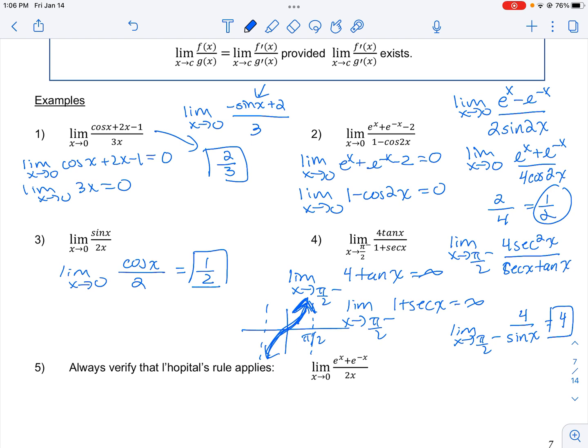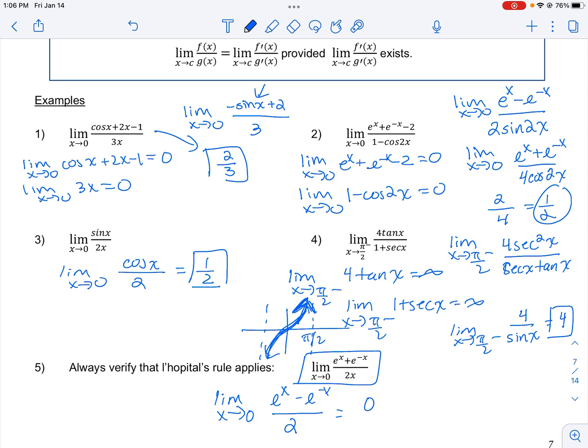Okay. Last thing I want to show you is this one. If you just try to use L'Hopital's rule here, this is what happens. The derivative of the top is e to the x minus e to the negative x. The bottom is 2. And if you plug in 0, you get 1 minus 1, which is 0, divided by 2, which gives you 0, right? 0 divided by 2 is 0.